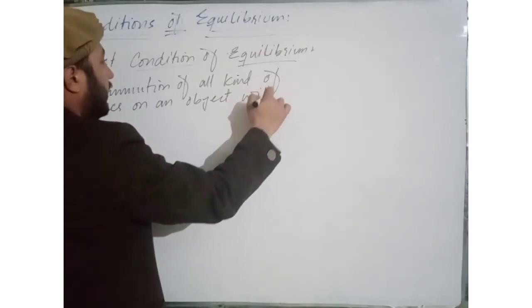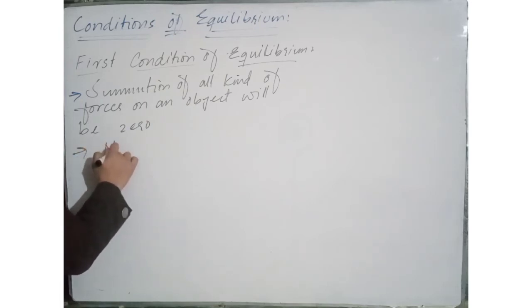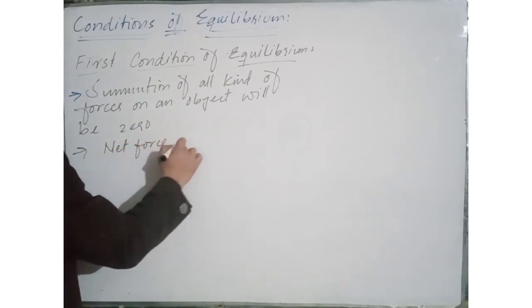The first condition states that the summation of all kinds of forces on an object will be zero. What does it mean? It means the net force will be zero.